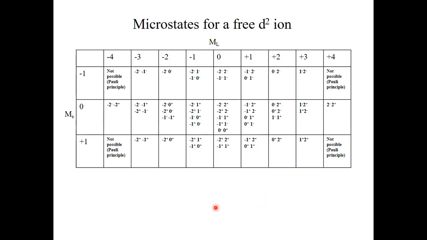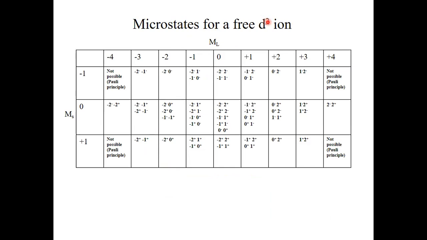All right. Now, how can we derive the terms for a particular electron configuration of a free ion? Let's start out with the most simple problem, a d2 ion, where we have only 2 electrons to consider that can interact with each other.